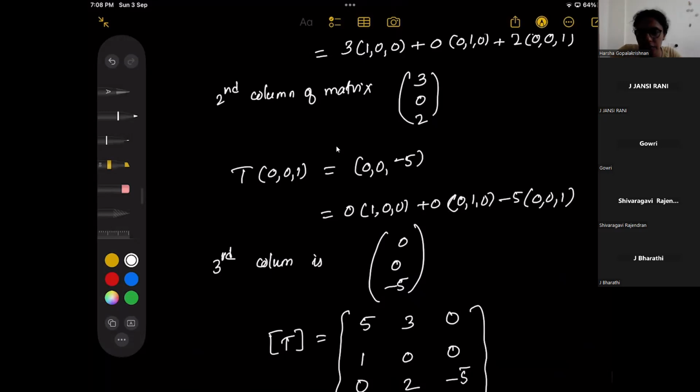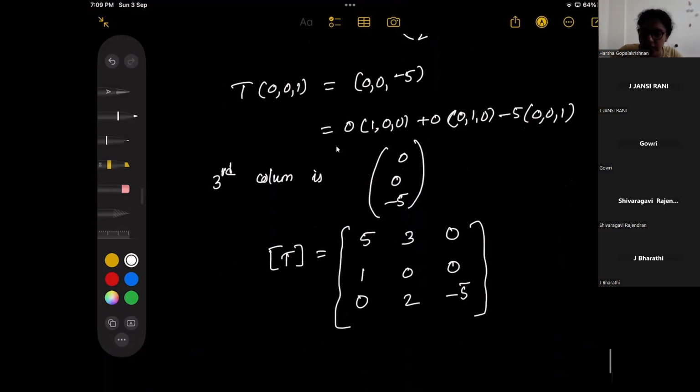In competitive exams, we don't need to do all this work. The only thing we need to do is take the coefficient of x and write it in the first column, and the coefficient of y in the second column. So let me write the T map again here so you will understand.